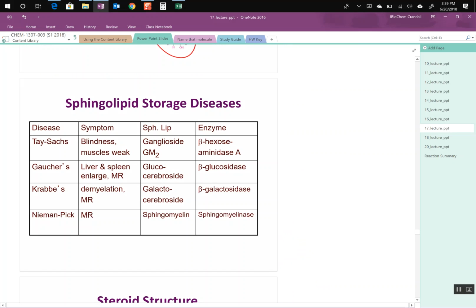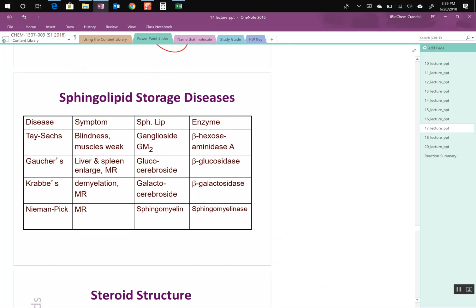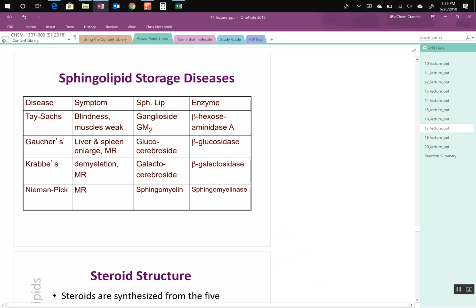So messing with nerve cells and brain cells, causing deficiencies in these types of lipid membranes would lead to different types of diseases, as you can imagine, like Tay-Sachs, Gaucher's, Krabbe's, okay? These would all be a result of deficiencies in the enzymes that process those types of lipids.